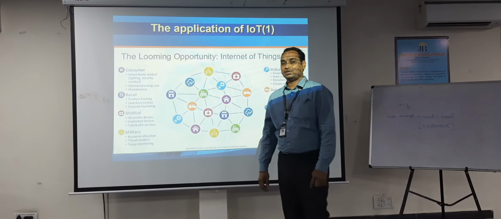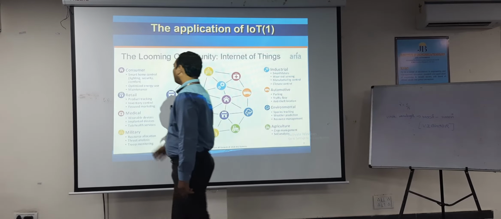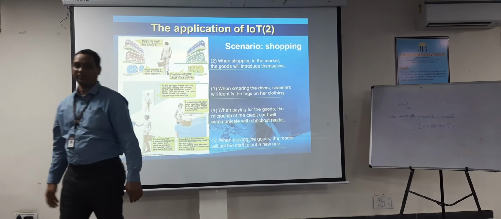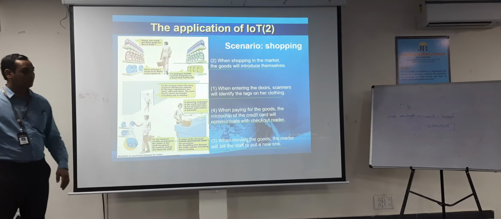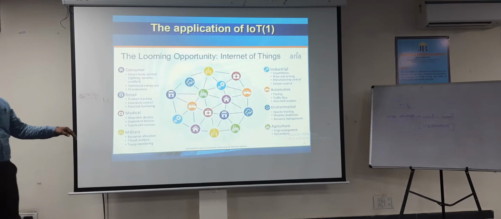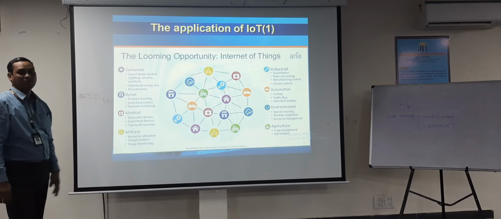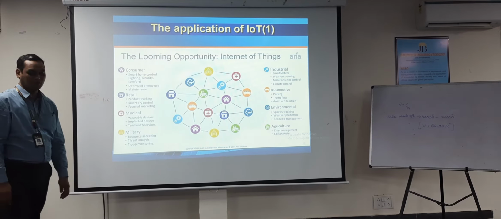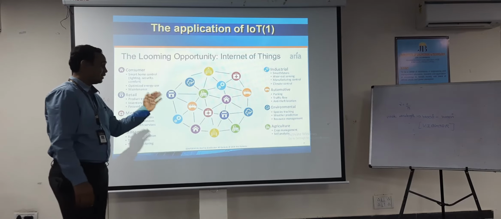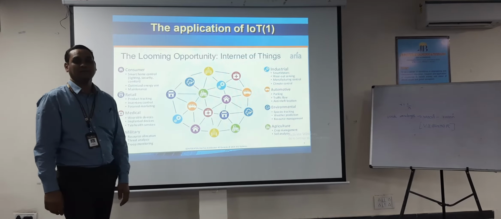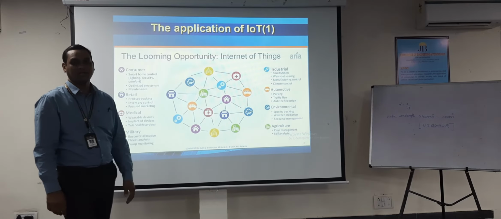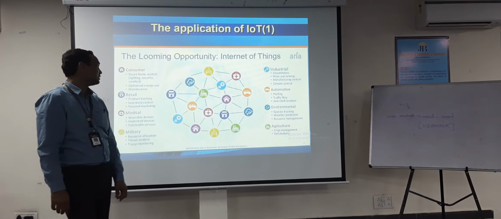So let us see with an example about a consumer application which is going to be used in smart homes. In our daily life, we are going to use these IoT devices regularly. But most of us are not aware about these devices sometimes.